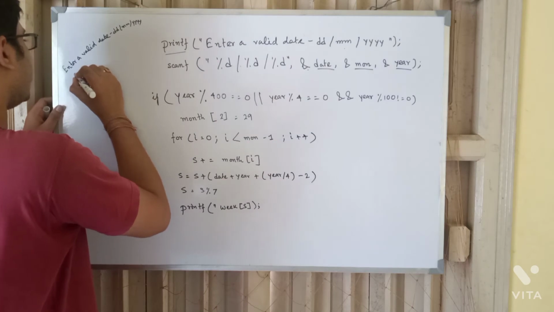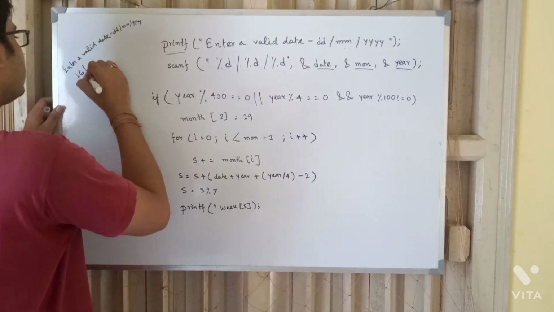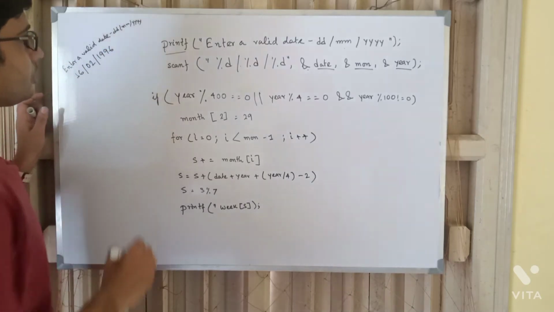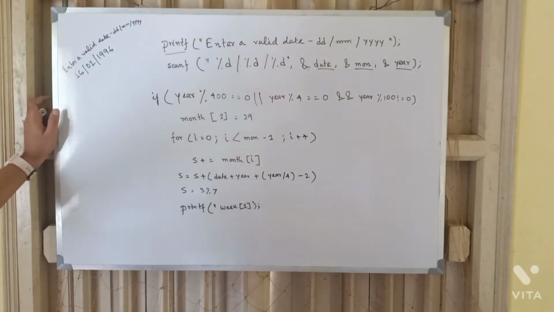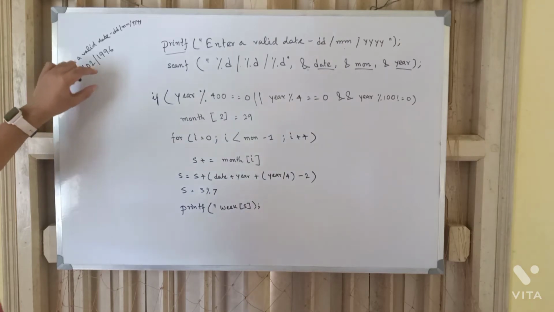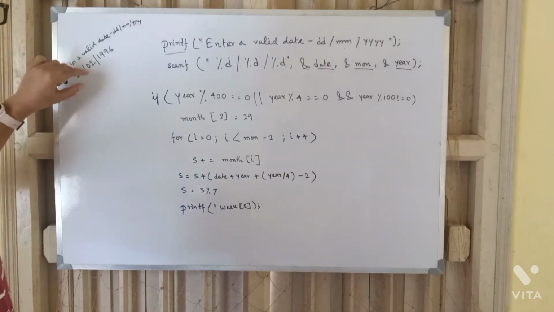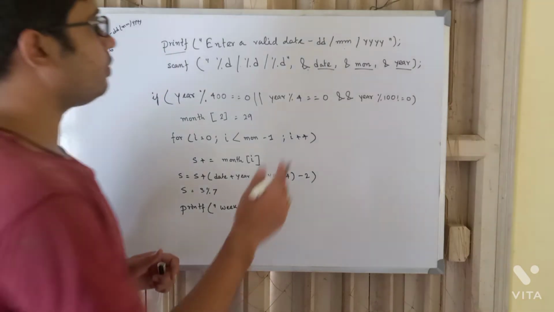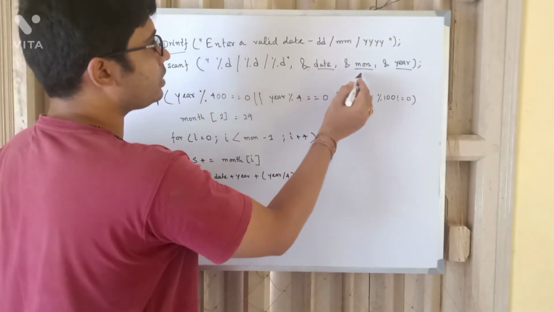Suppose I am writing my date of birth, 16/02/1996. This is my date of birth. So I have to write 16/02/1996. The input will be entered like this: date, month, and year.